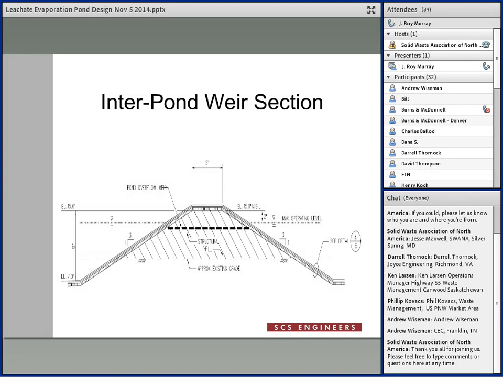In this case, we have the maximum operating level that was 2 feet below the top of the berms, so we set our pond overflow weir at 3 feet below the top of the berms, so that you have a foot difference in there, and any liquid that would build up on the one side would then just simply flow over the weir into the other side.